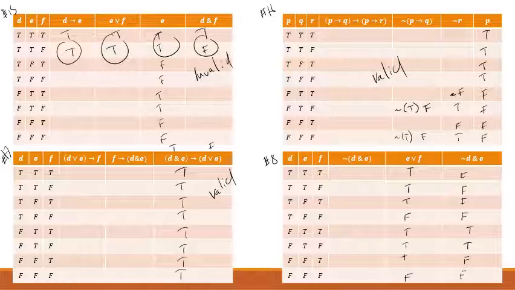And then, not the case at D and E. So D and E is going to be false a lot, but if you negate it, that'll end up being true. So D and E is going to be true in 1 and 2 and false everywhere else. So it'll be not true, and then everywhere else it's going to be not false. So it'll be false up here, false, false, but it's going to end up being true everywhere else.